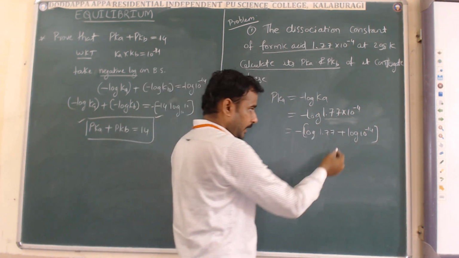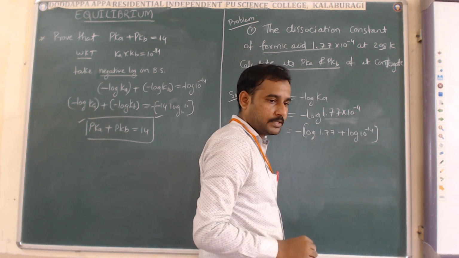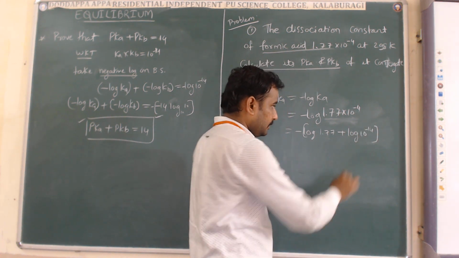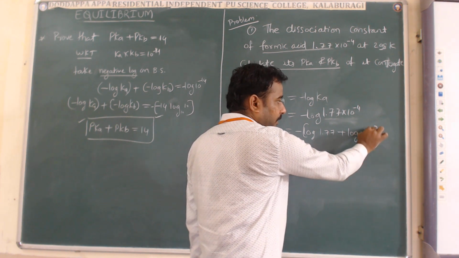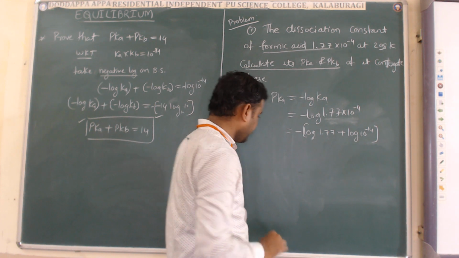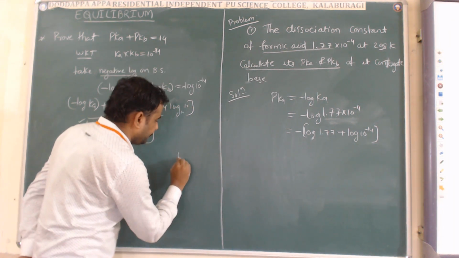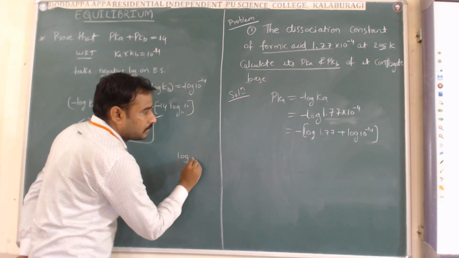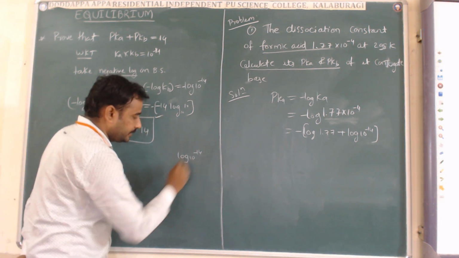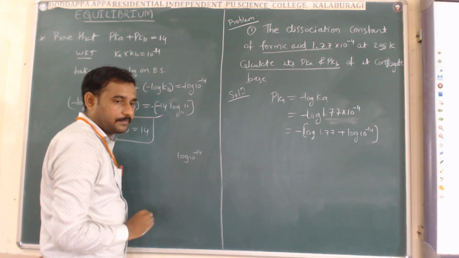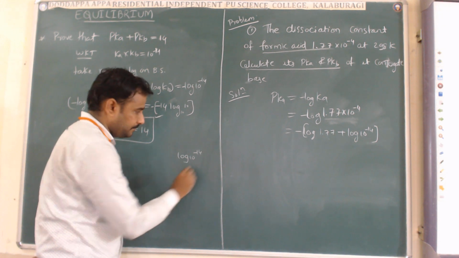So here log 10 raised to minus 14 is there. How will it be converted? Log m raised to n is written as n log m. This is the m and this is the n.